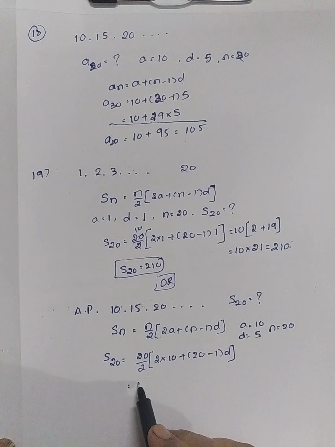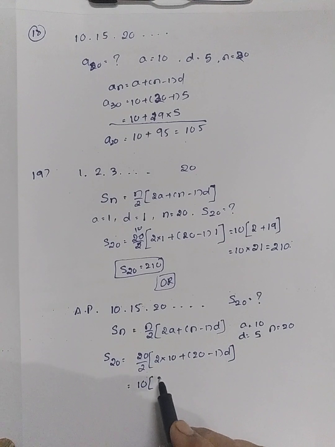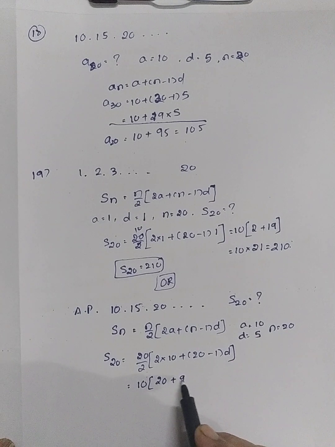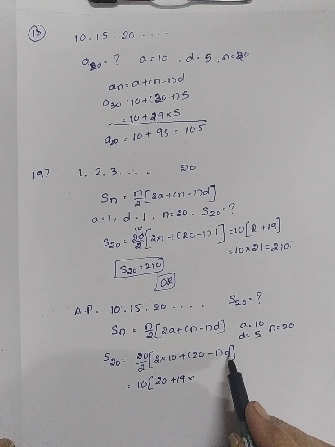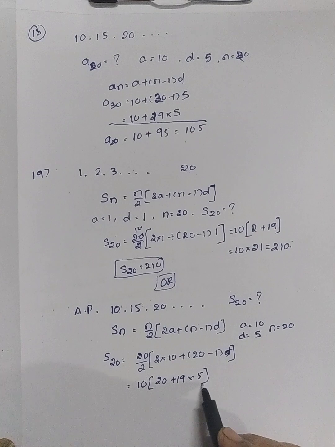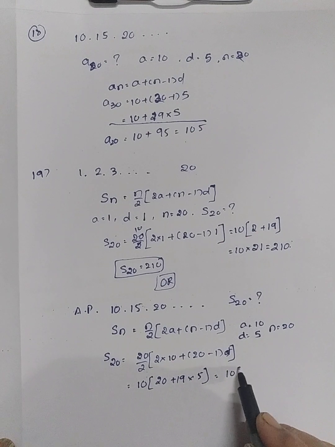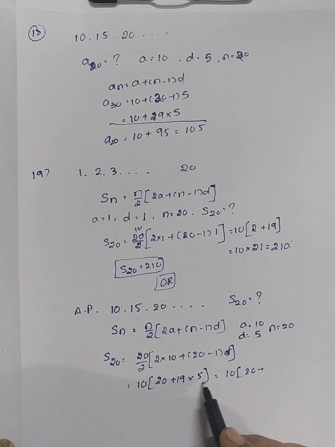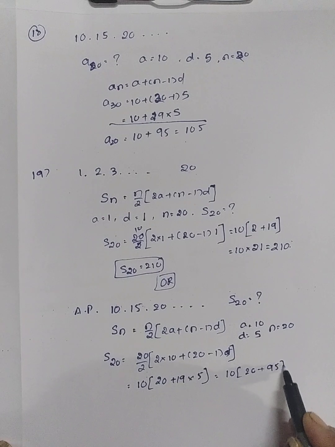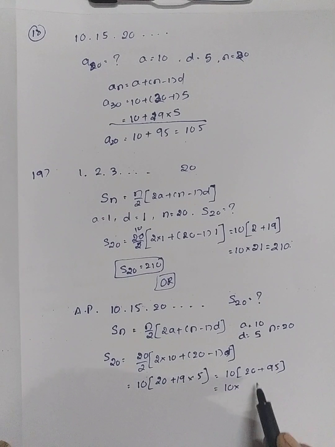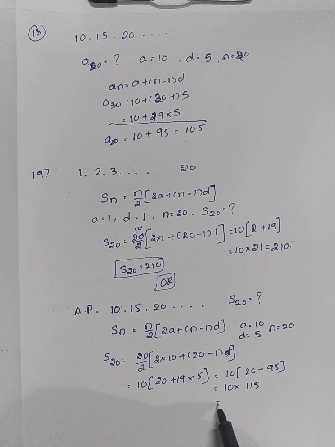This becomes 10, 2 tens are 20 plus 19 into d is 5, 19 5s are 95. 10 into 20 plus 95 is 115, 115 into 10 is 1150. This is the sum of 20 terms.